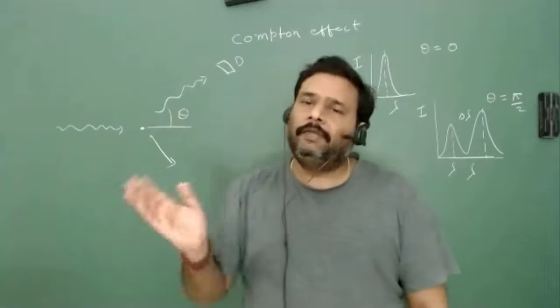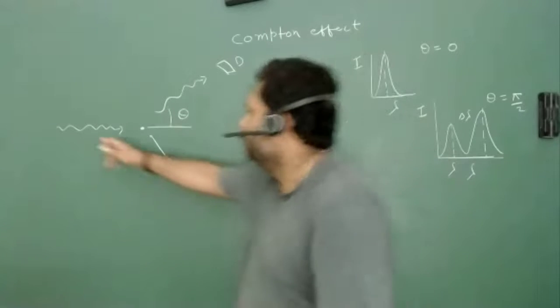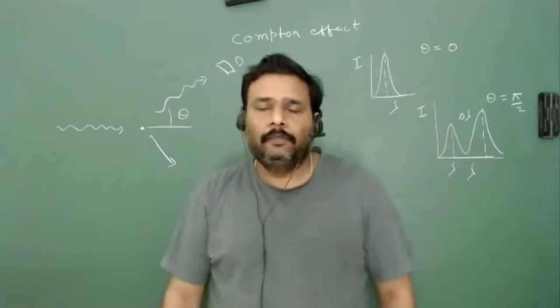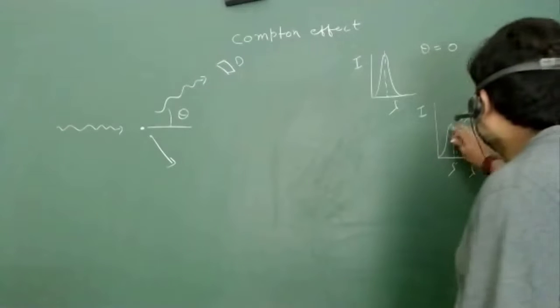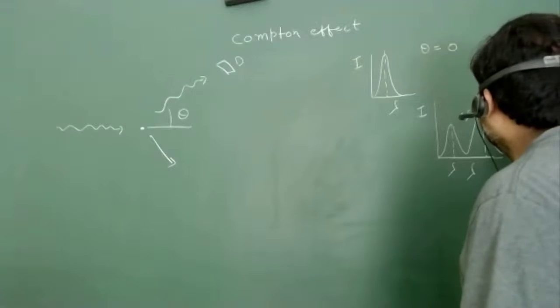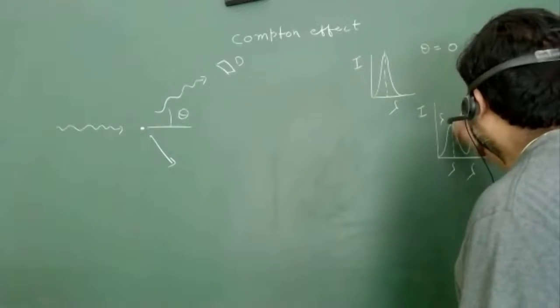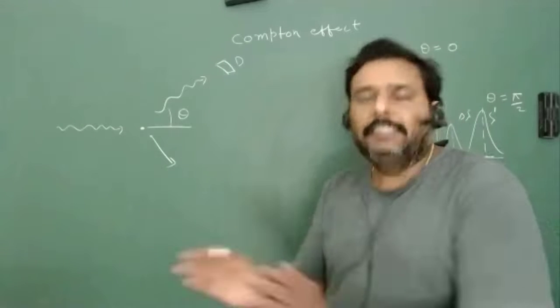We assume that wavelength will be the same as the incoming light. So from classical theory, we cannot understand why, when we change this angle, there is a new wavelength. Suppose this is the initial wavelength lambda and this is the new wavelength lambda dash.